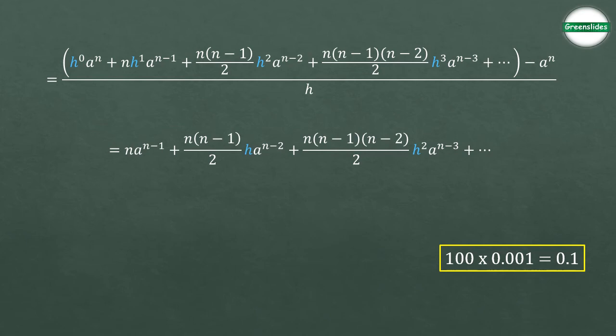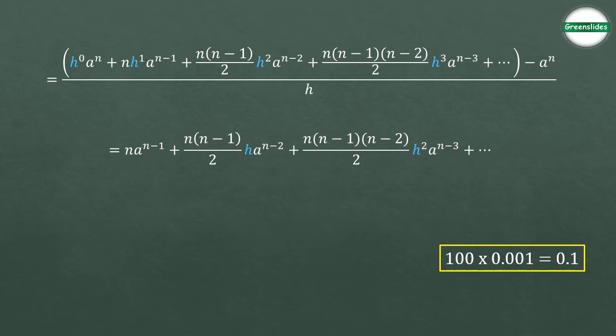So in the first term, there is no h. That is a significant quantity. In other terms, there is h square, h cube. So if we power on a very small quantity, that will become even more smaller. Which means the second term is smaller, the third term is even more smaller, the fourth term is even more smaller than that, right?